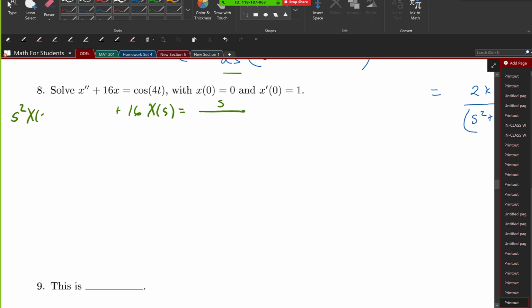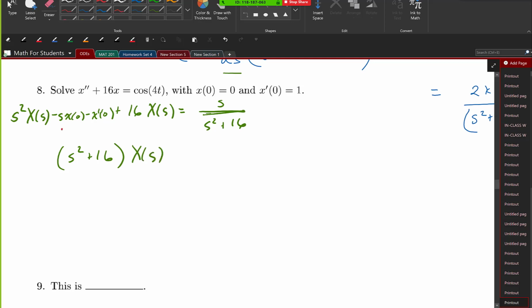s squared x of s minus s times x0 minus x prime of s, or x prime of 0, all over s squared plus 16 on the right-hand side. So this gives us, on the left-hand side, s squared plus 16 x of s.